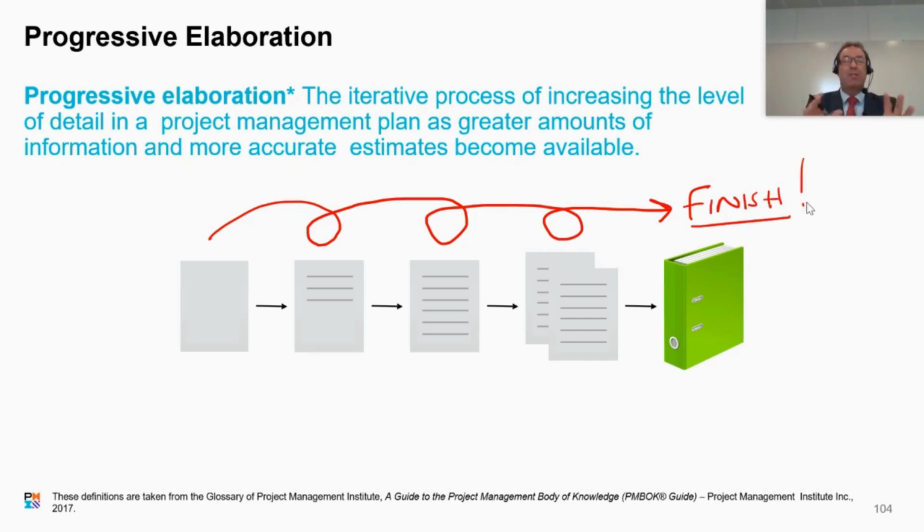As we go through each cycle, we are literally stopping and determining what lessons have we learned to make sure that when we go through the next cycle and we elaborate on the output even more, it's even better than before. So progressive elaboration: an iterative process of increasing the level of detail in a project management plan as greater amounts of knowledge and more accurate estimates become available.